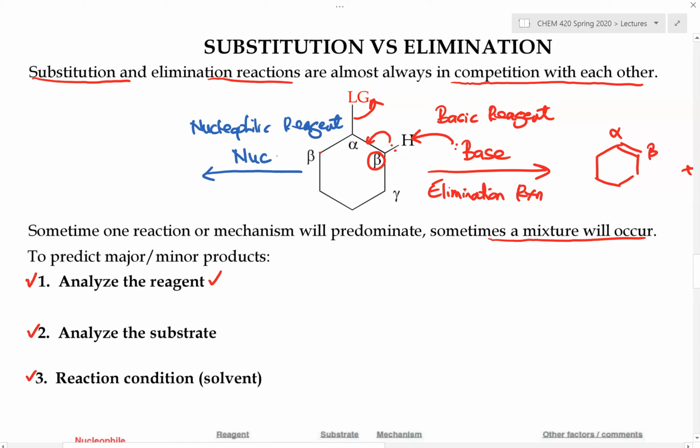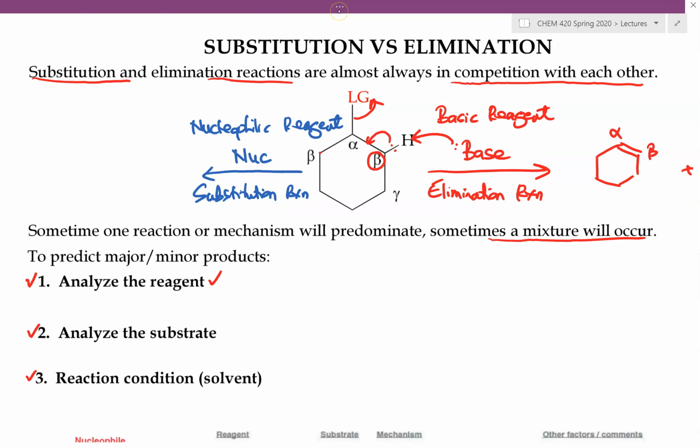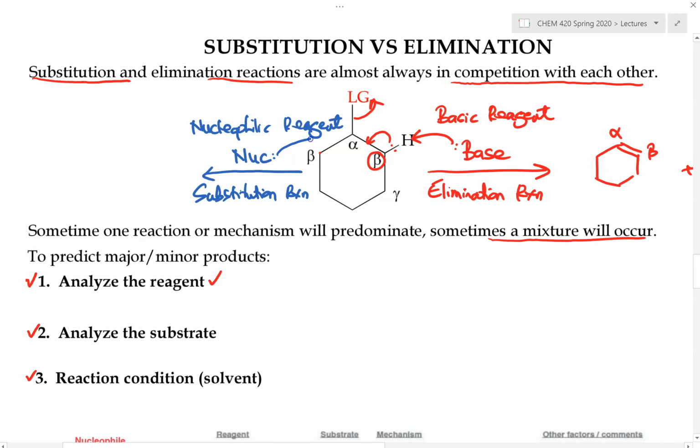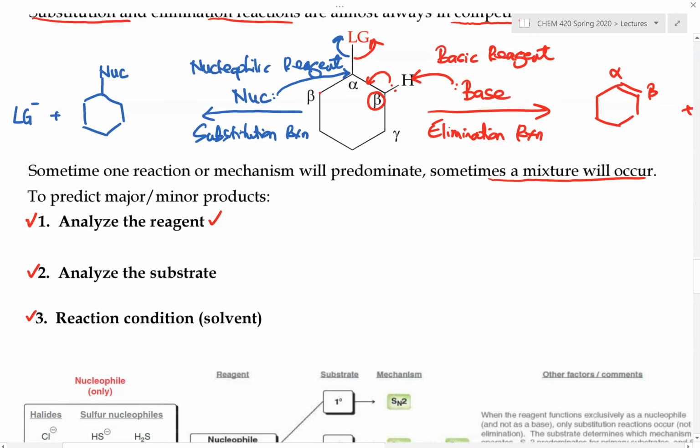And if that's true, then we'll be favoring substitution reaction, where the reagent will come in and attack this alpha carbon directly, then kick off the electron. And in this case, the product that is produced is when we have the nucleophile replacing the leaving group, and now the leaving group breaks off with the electron. So that's how we can distinguish between nucleophilic attack versus basic attack, favoring substitution reaction or the elimination reaction.